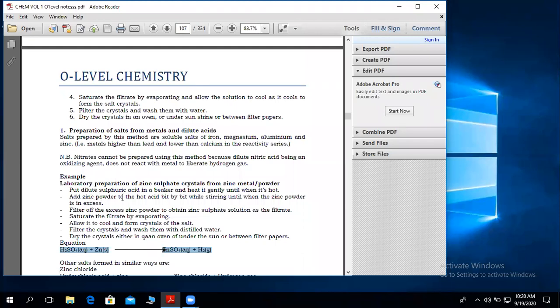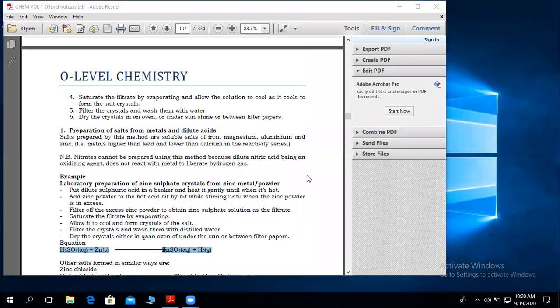So add zinc powder to the hot acid, bit by bit or little at a time, while stirring until the zinc powder is in excess. I've told you what is the meaning of the word excess. It means until when this zinc powder you are adding does not dissolve anymore in the acid, then it is in excess.